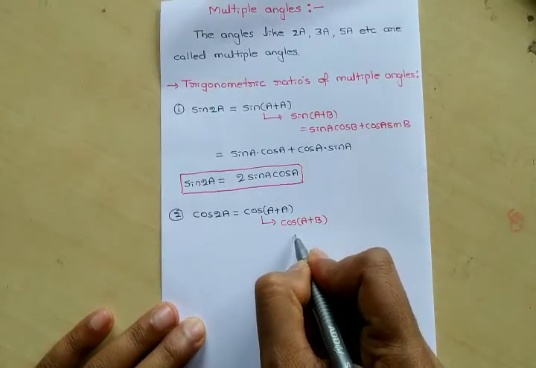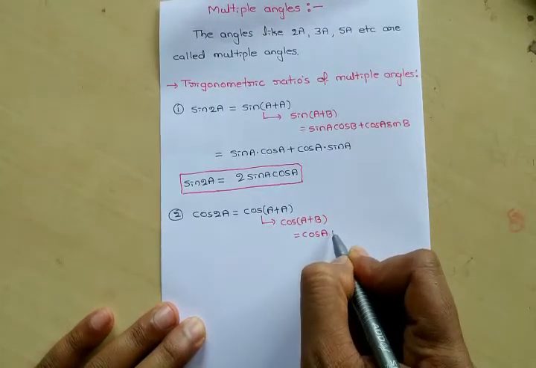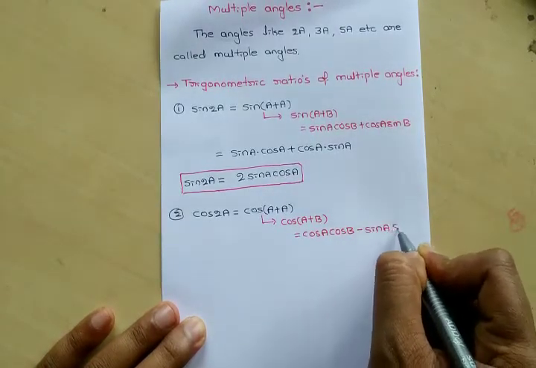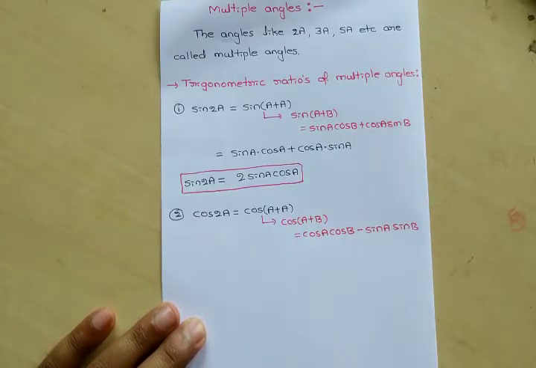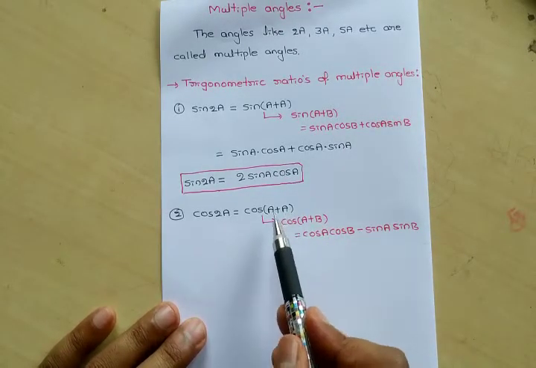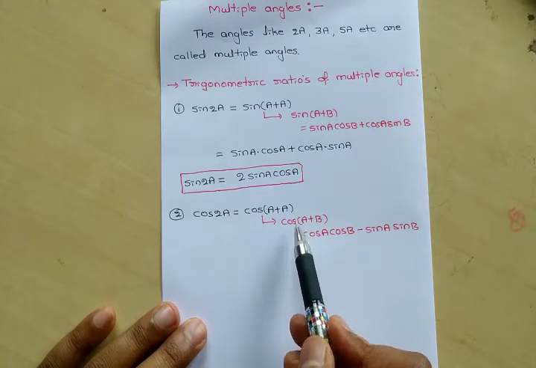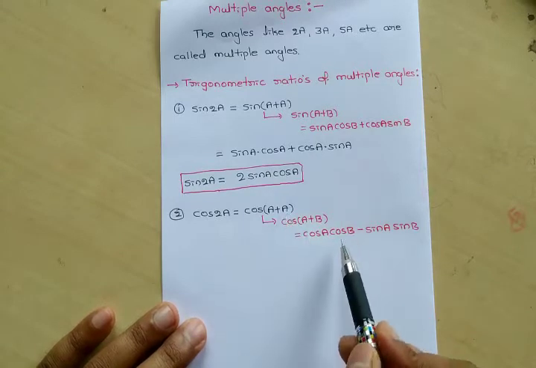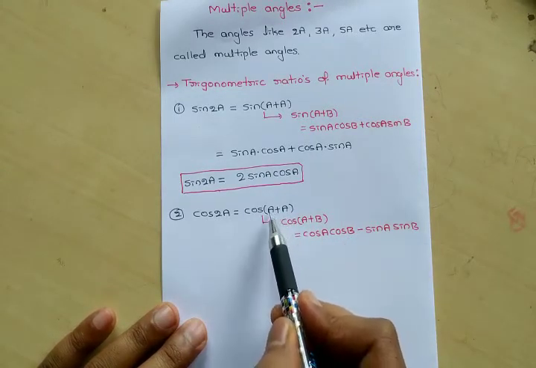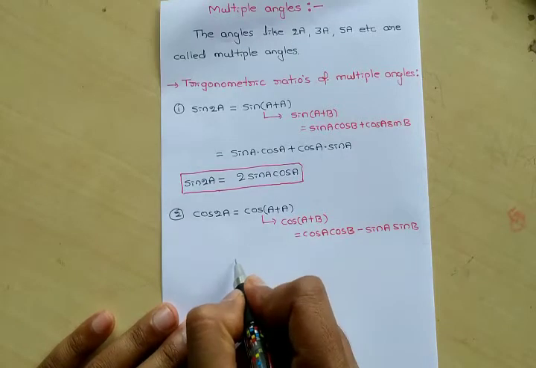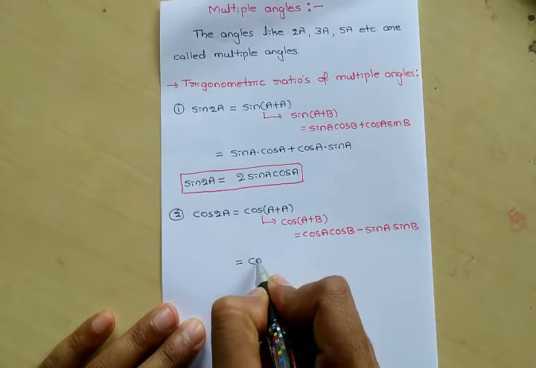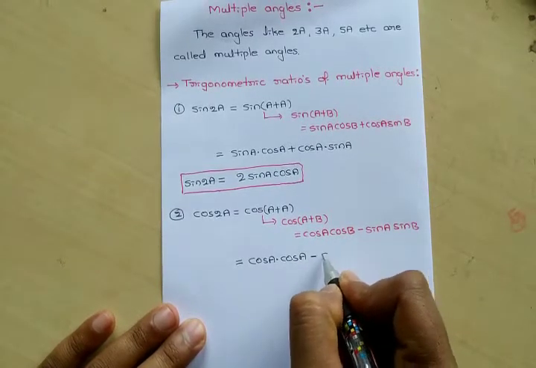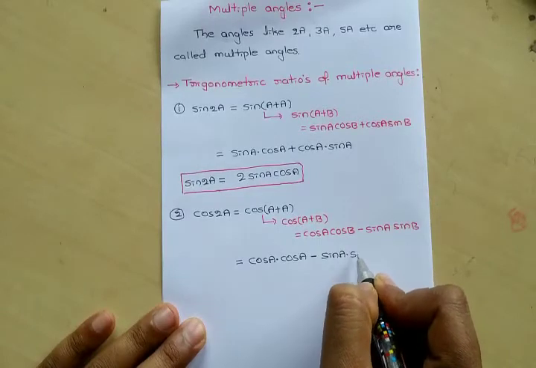You know the cos(A+B) formula: cos A cos B minus sin A sin B. Again, B is replaced by A, so it is cos A into cos A minus sin A into sin A.